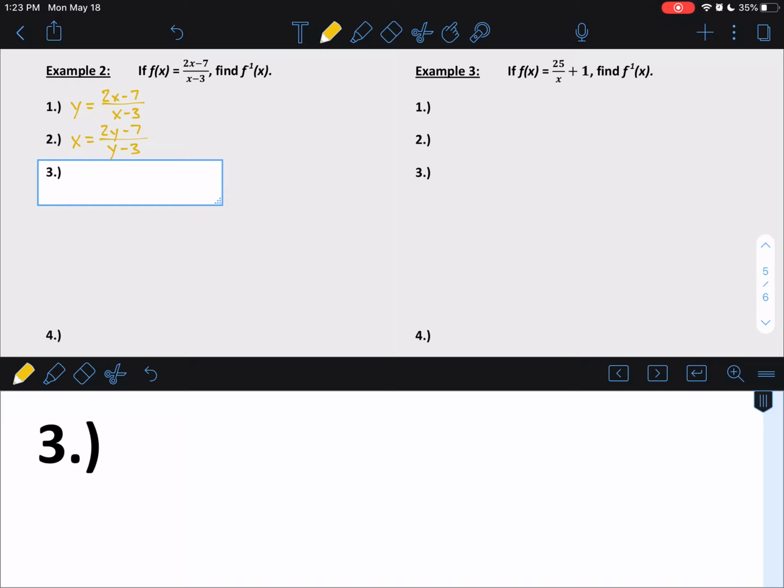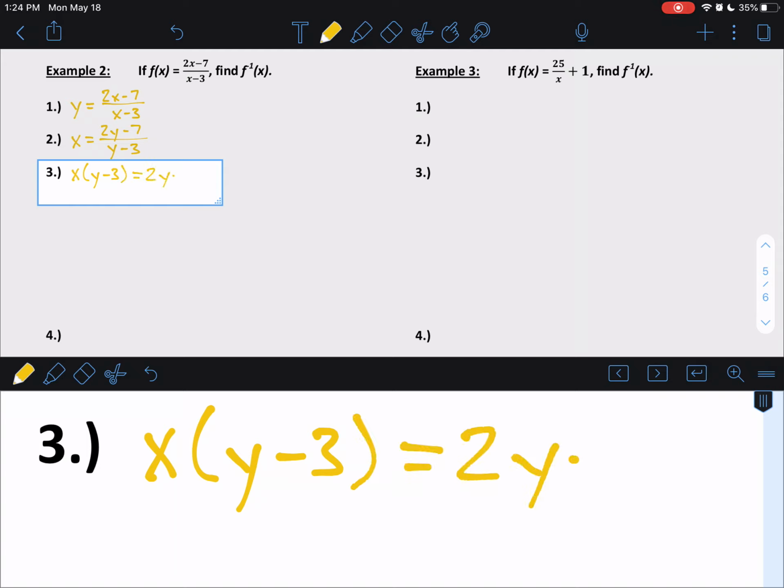Okay, they give us plenty of room to work there. So if I multiply both sides by y minus 3, that gives me x times y minus 3, and then that cancels out the denominator on the other side, equals 2y minus 7.